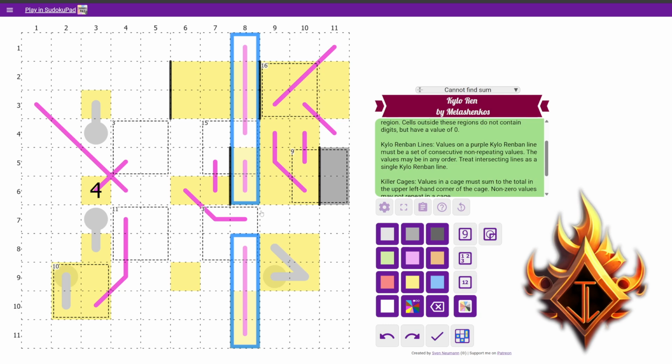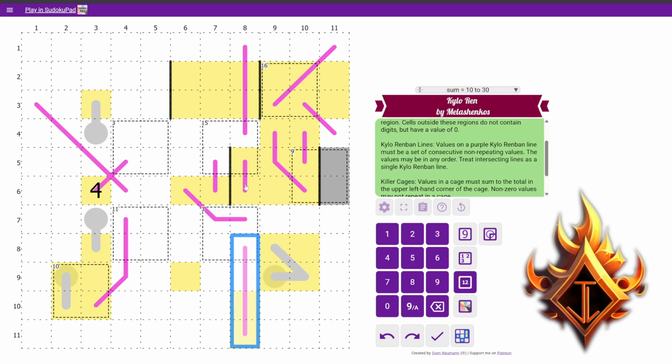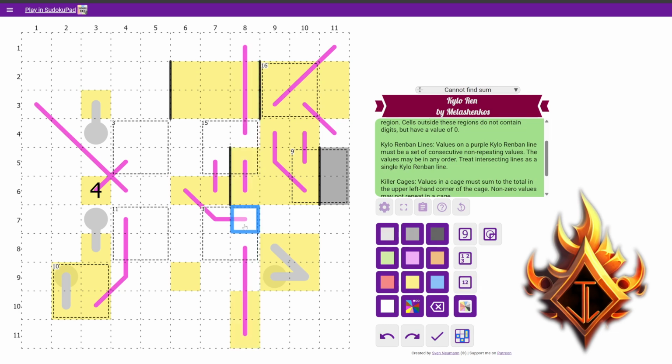Oh, well, that one has to be gray. That would have been so much easier to just say these are 10 consecutive digits, so that one must be 0. Yeah, that is true. Dang. Wow. Okay.